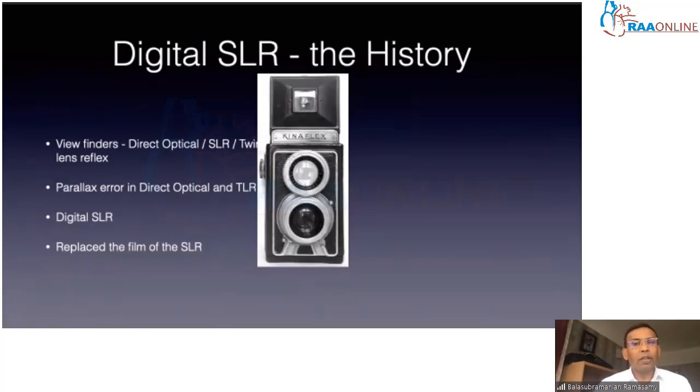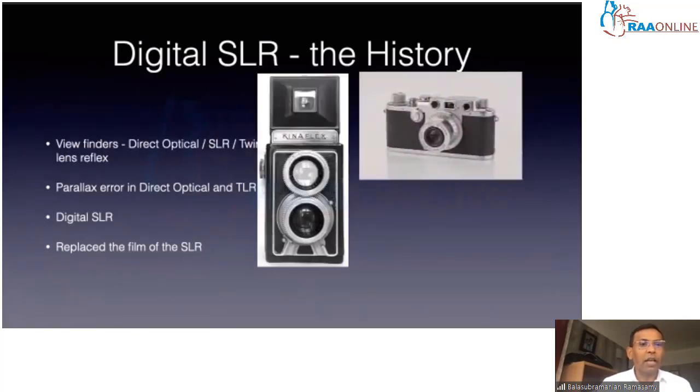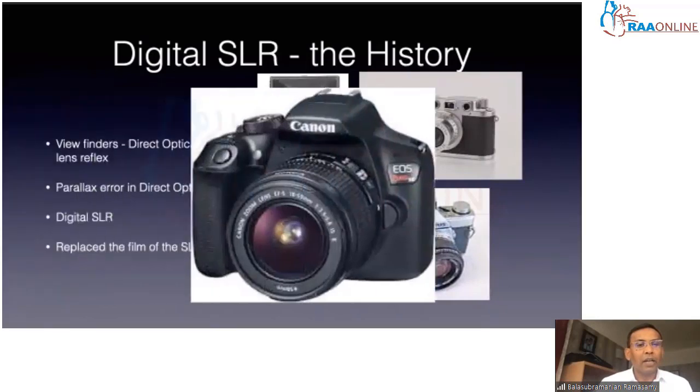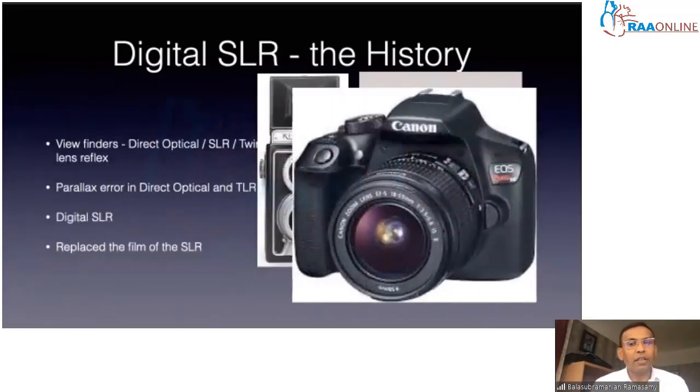The issue with these viewfinders, including the twin lens reflex and the ones with the direct optical viewfinder, was the difficulty in terms of avoiding the parallax error. That causes a loss of depth and loss of focus.